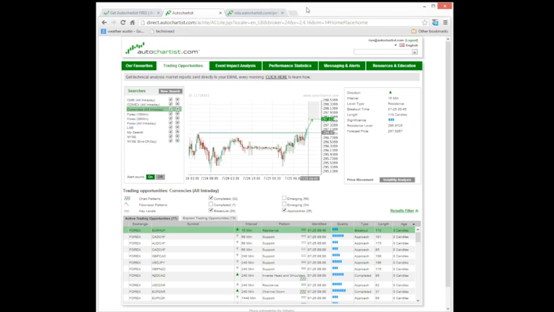Because we work with a lot of NFA, SEC, and FSB regulated entities, and a lot of brokers that are regulated by those entities, we are in the business of providing research rather than trading signals. So we are prohibited from supplying stop levels. We can only provide forecasts into the market, which are really our target prices.